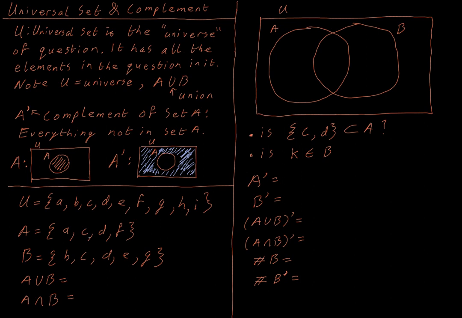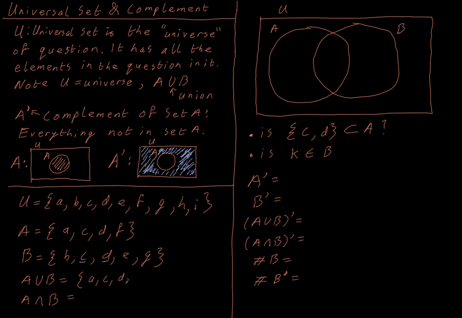Well, that's going to be everything in A and B. So we have a, c, d, and f in A, and we have b. c is already dealt with, d is already dealt with, so we are just left with e and g. Our union is going to be a, c, d, f, b, e, and g. So all of the stuff that is in A or B or both.